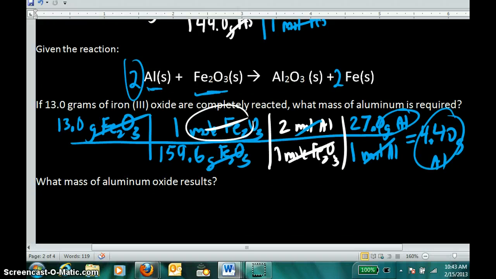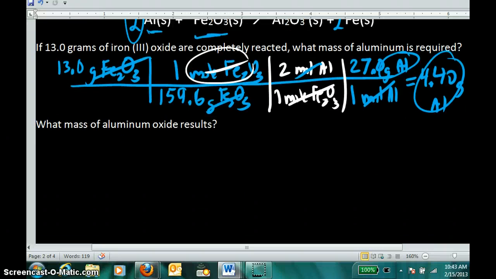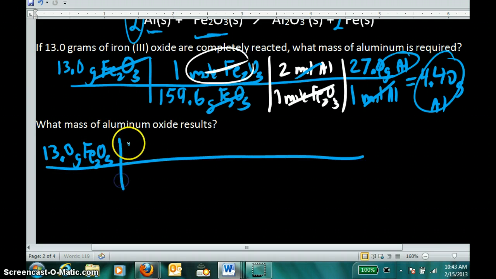For the second part of the problem, I'm going to start the same way. I'm going to start with the mass of iron 3 oxide, and I'm going to convert to moles because these relationships are molar. They are not based on mass. 159.6 grams of iron 3 oxide.